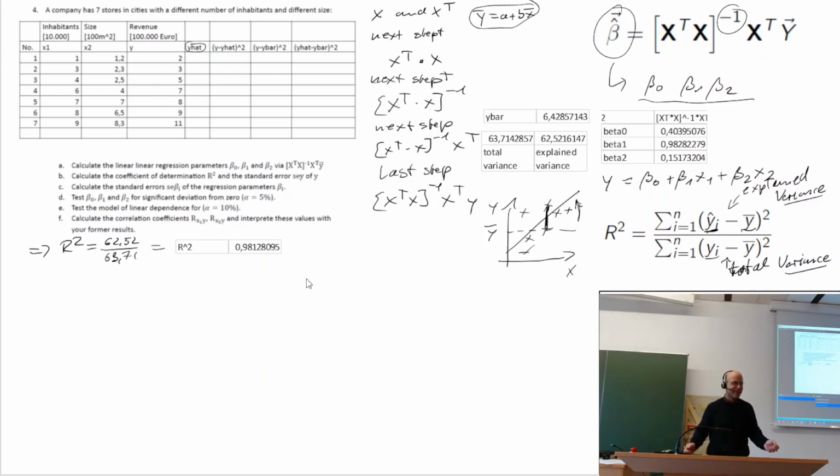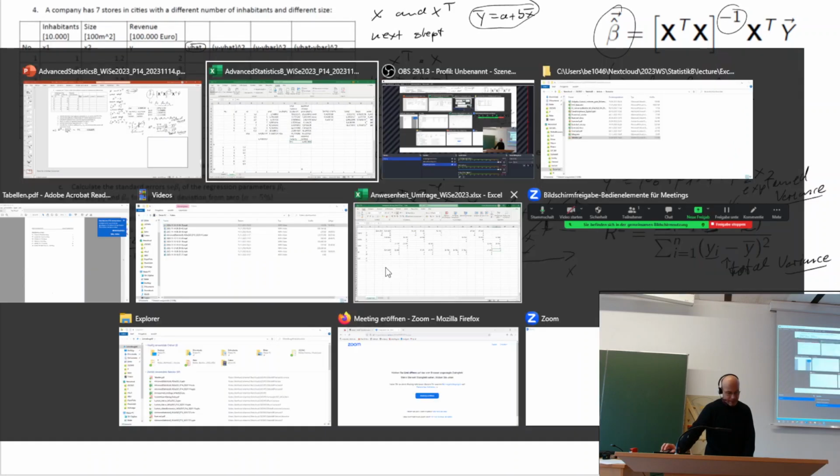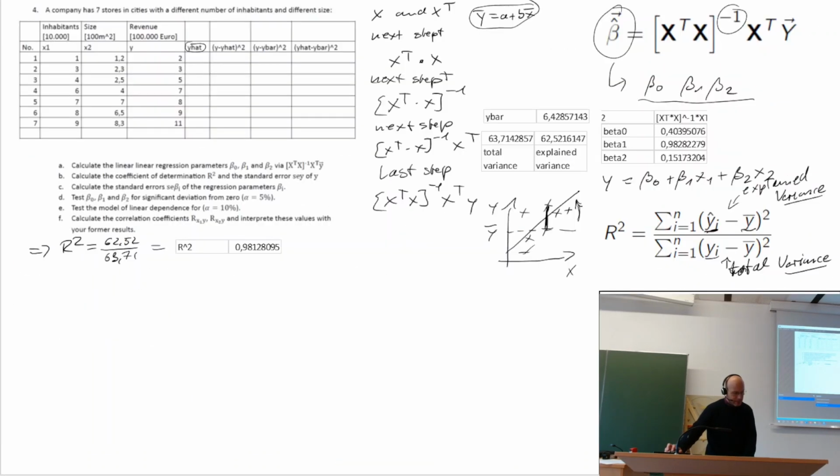So I still cannot make the statement with 99% probability this is good, or this is the right model which I have calculated. And for this, in general, I need this standard error of y. And why do I need this standard error of y? This I introduced also.